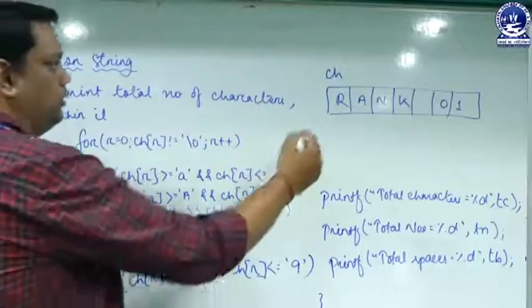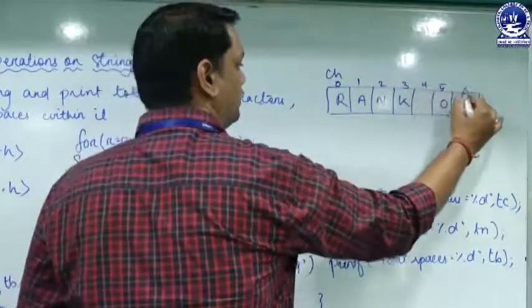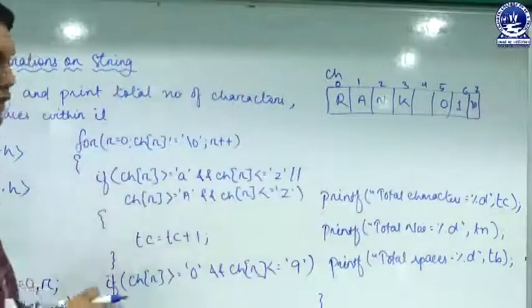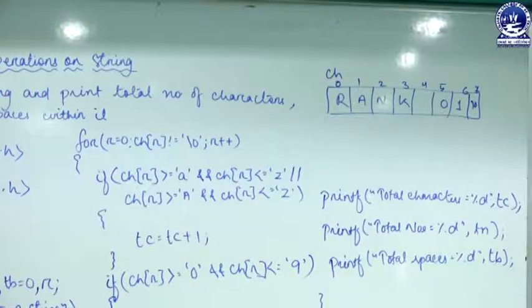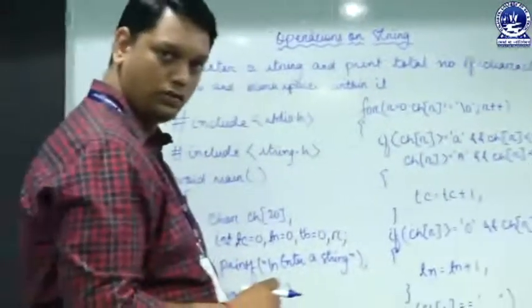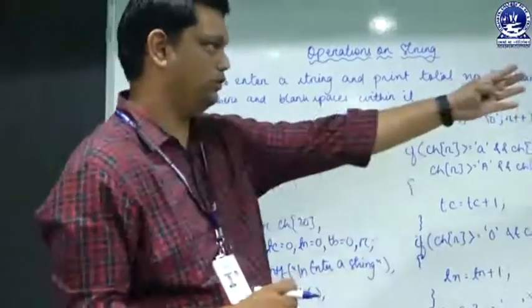Okay, so the index will start from 0: 0, 1, 2, 3, 4, 5, 6 and then backslash 0, that is 7. So in this way the value will be stored. I have written here enter a string, and by using the gets function we have accepted the string from the user. So the string has been entered by the user.